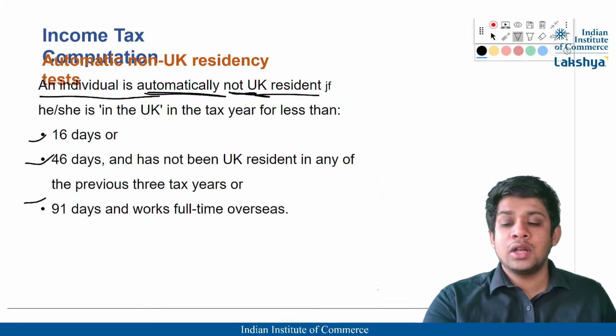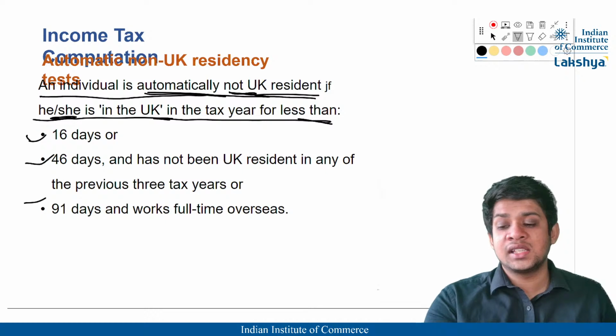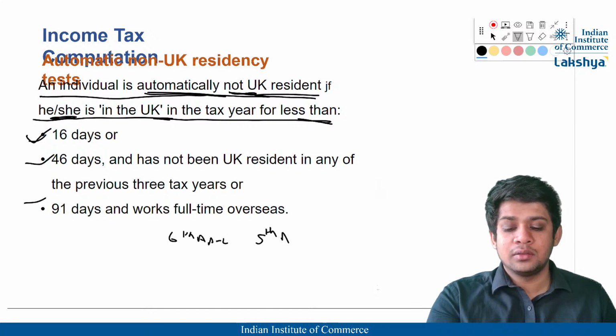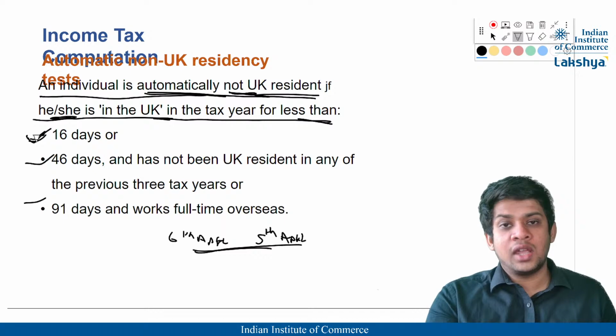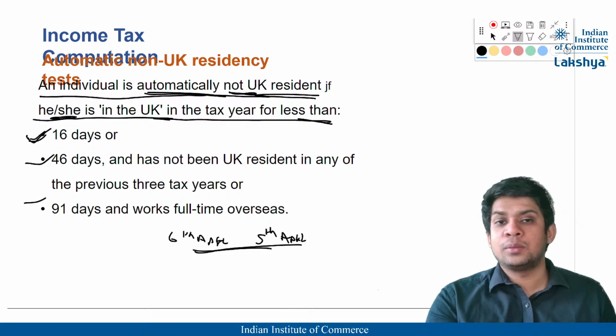Okay, so an individual is automatically non-UK resident if he or she is in the UK in the tax year for less than 16 days. If in the tax year, that is the tax year starting from 6th April and ending at 5th April, if during this tax year the person is in UK for less than 16 days, then he is automatically a non-UK resident.